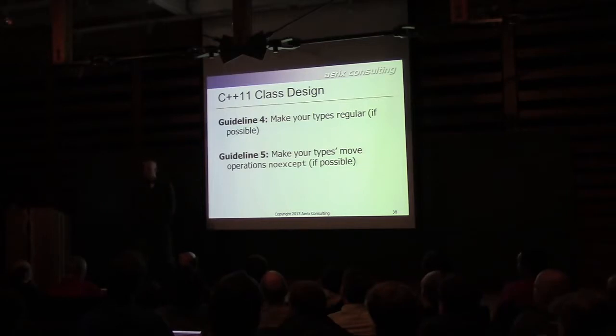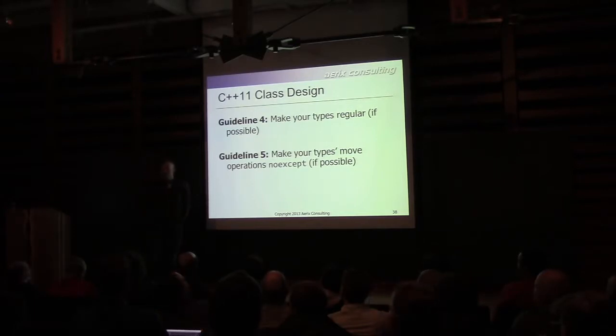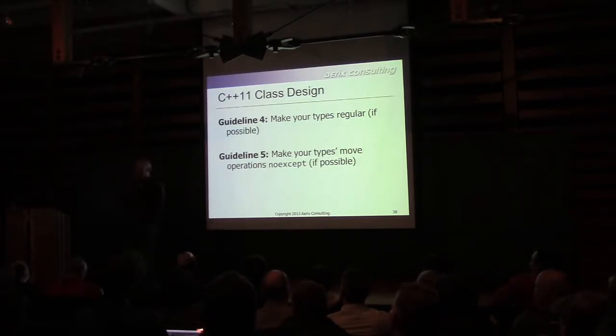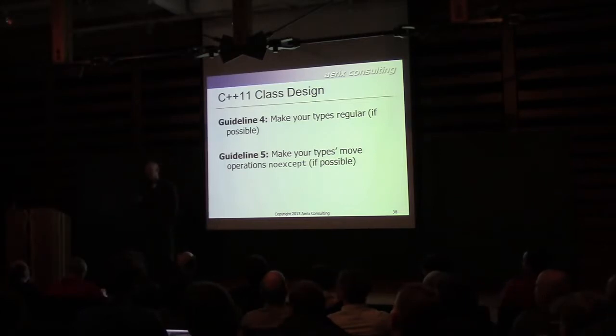And it makes me so mad. I did one better. I argued in person in the committee. I'm writing a paper about it. So there's going to be a paper about containers and noexcept swaps.